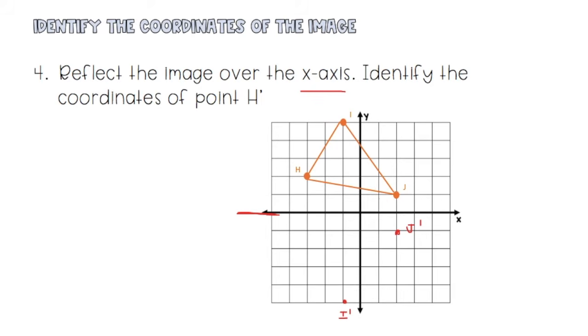So it'll now be located at (-3, -2). If I connect my lines to form my figure, I am able to see that this is a flipped picture of my original, and I can state my coordinates. So H' is located, and we said that was (-3, -2).